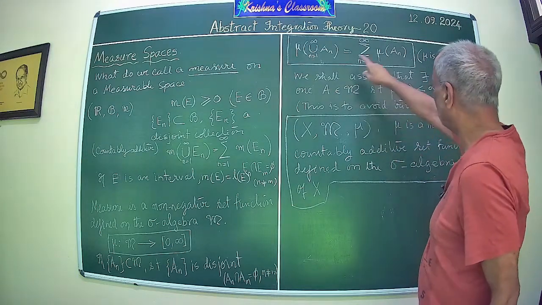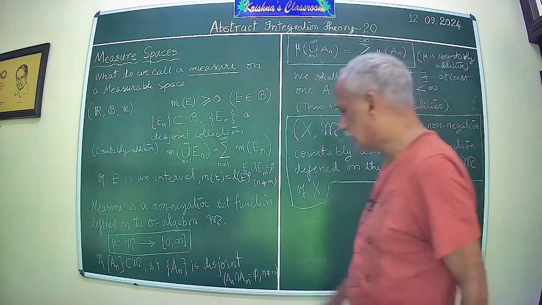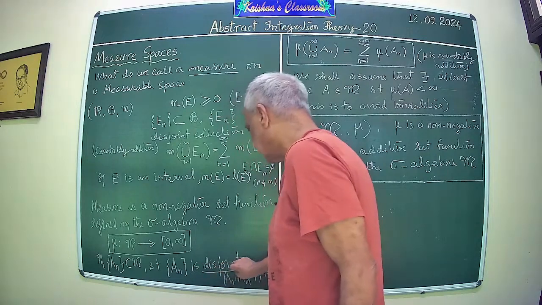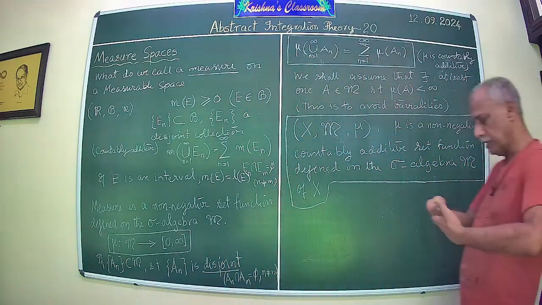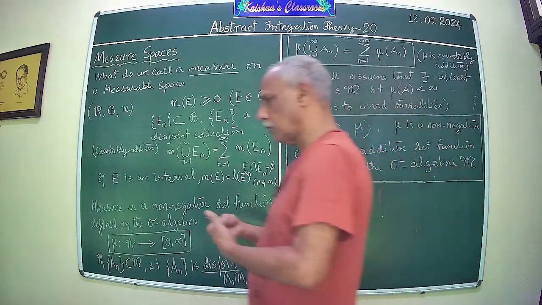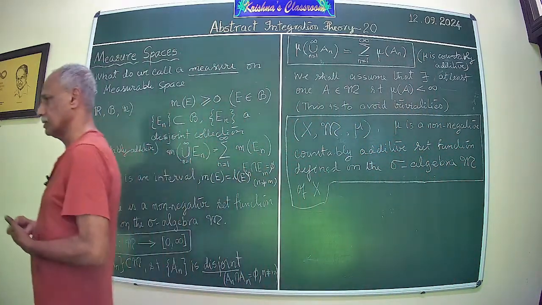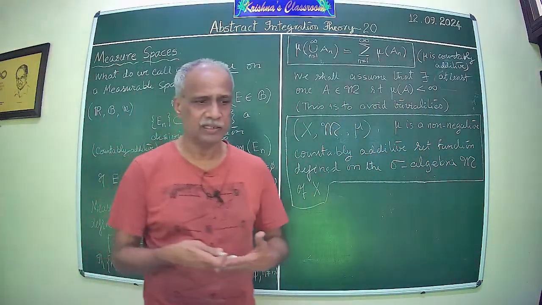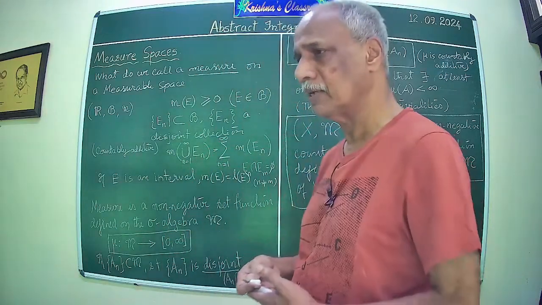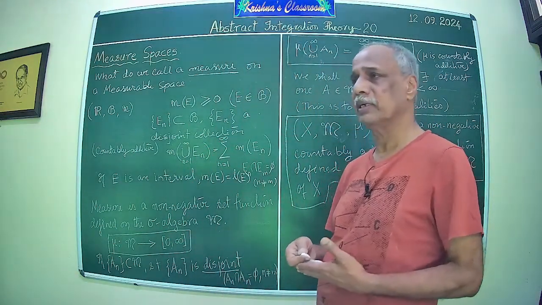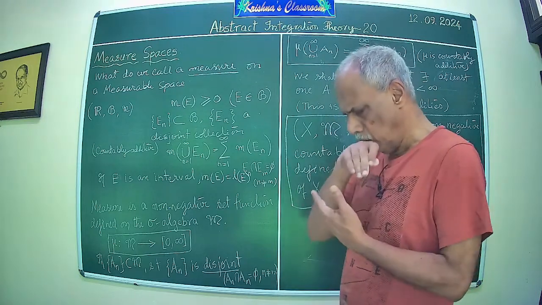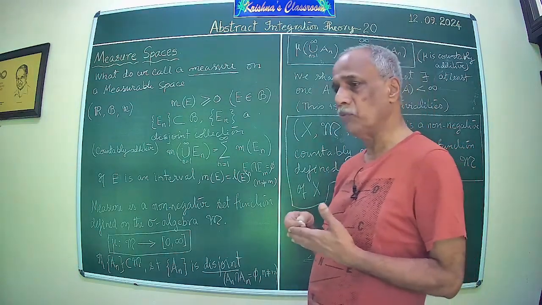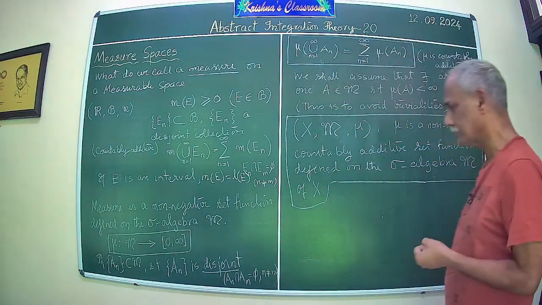When you say countably additive, this condition is important: disjoint. Now you see that when you take two overlapped intervals, then their union, if their union is an interval, then the length of the union is less than or equal to the sum of the lengths of these. And this may not be equal. That's the problem.